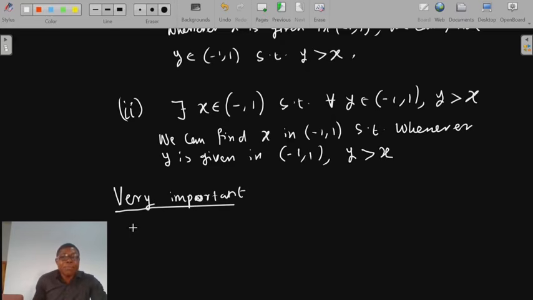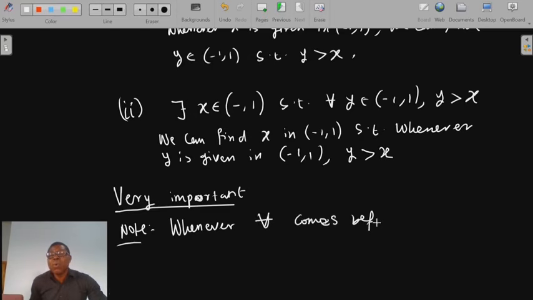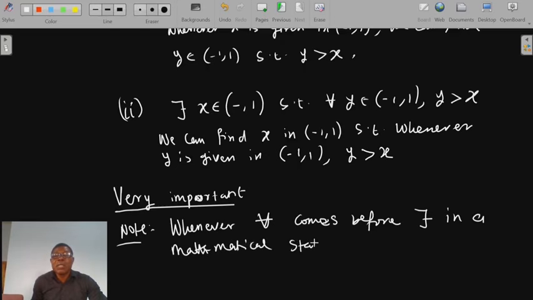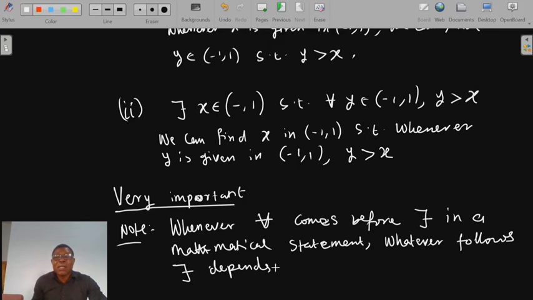We should note that whenever for all comes before there exists in a mathematical statement, whatever follows there exists depends on what follows for all.